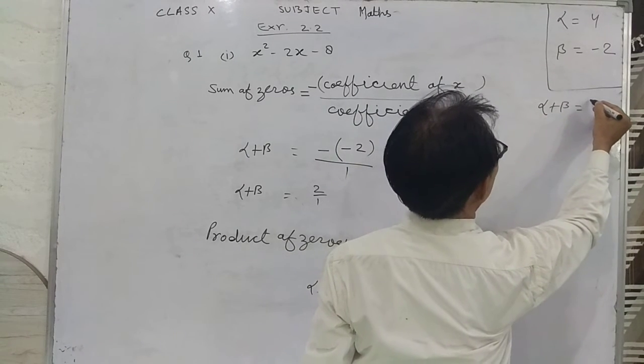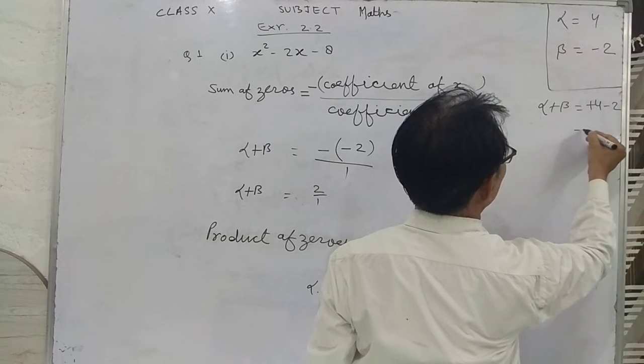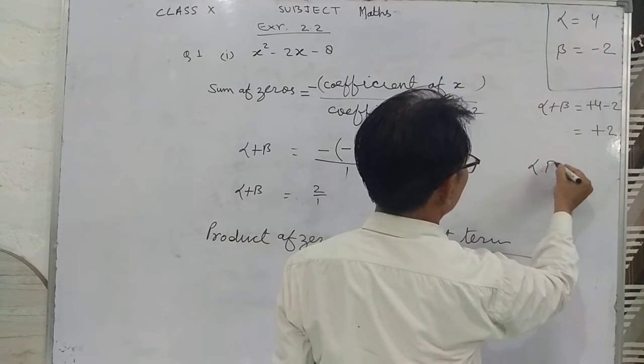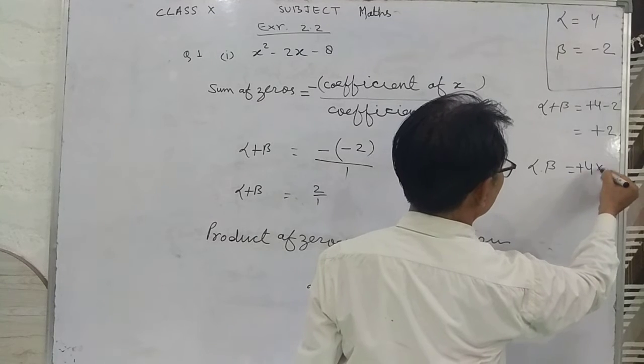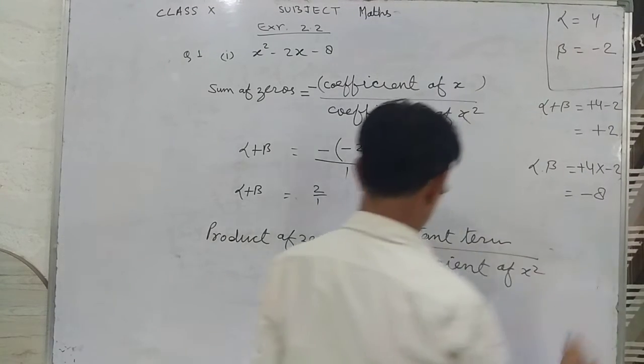Now with the help of alpha and beta, here we can calculate sum of zeros as alpha plus beta equal to positive 4, negative 2. We got this is positive 2, and alpha into beta equal to positive 4 multiplied by negative 2. This is minus 8.